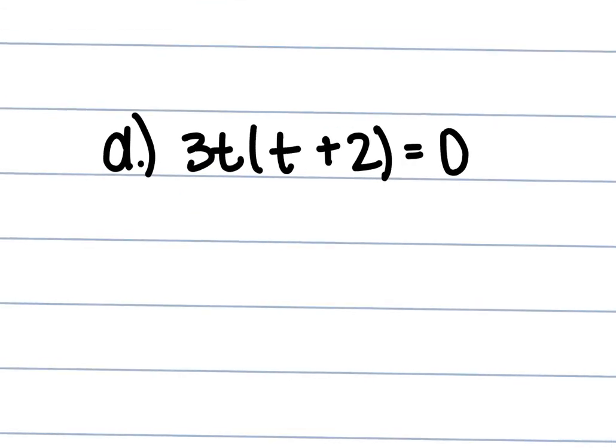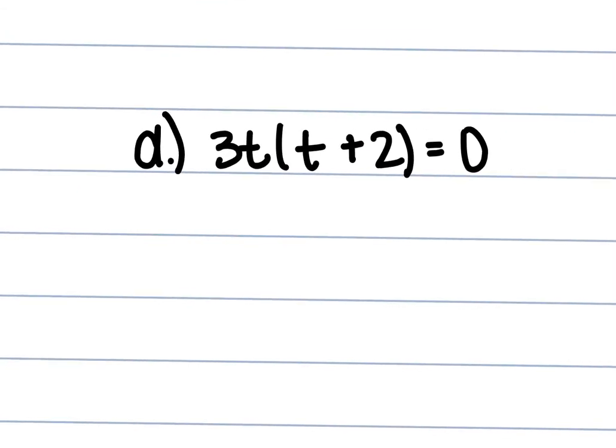D. 3t times t plus 2 equals 0. Cassie, what would you do? How would you start it? Good. T plus 2 equals 0. What's the other factor, though? What's the other factor?